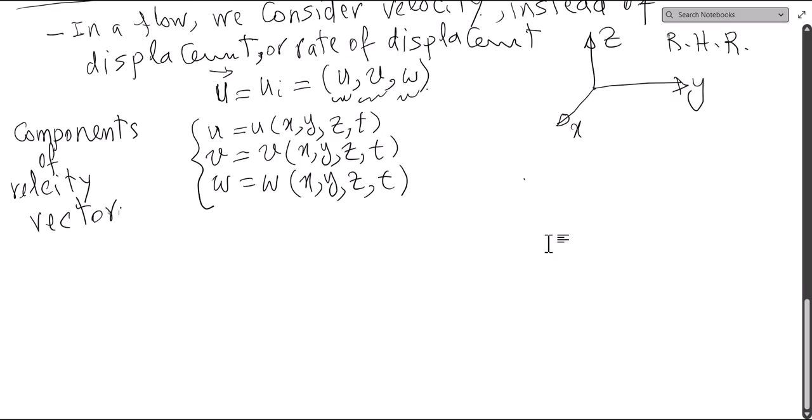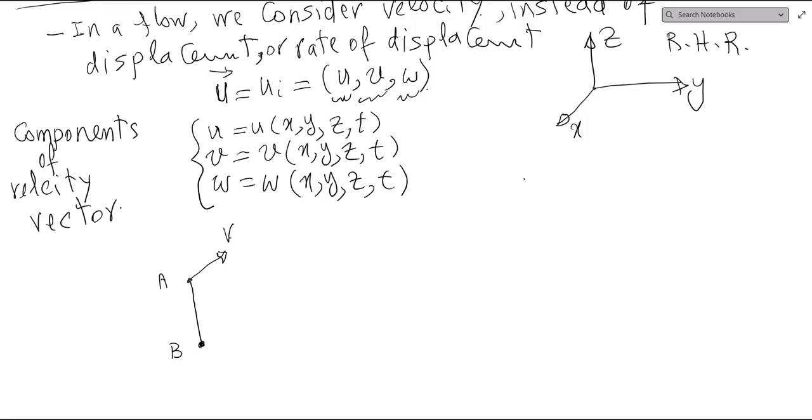Okay, so having said that, let's come here and say, if I go back to my simplified version, if I have my A and B, this point A will have a velocity, let's call it UA vector, and UB vector, which is defined here.